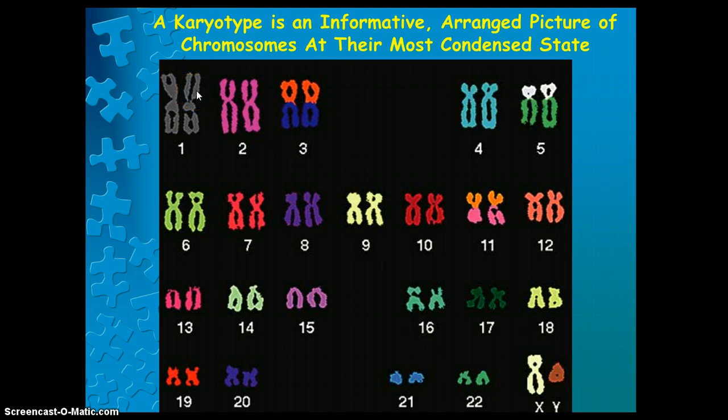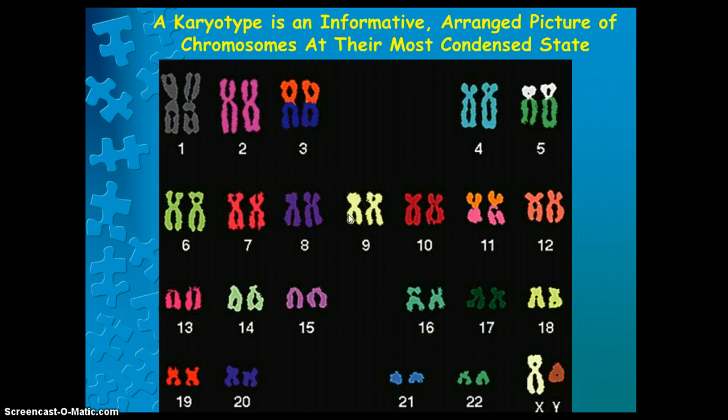We actually look at the banding patterns that occur, and you'll learn about this. There's a dye that can stain the chromosomes to where they create this banding pattern. And someone will actually sit at a computer and line these up so that we have a karyotype.